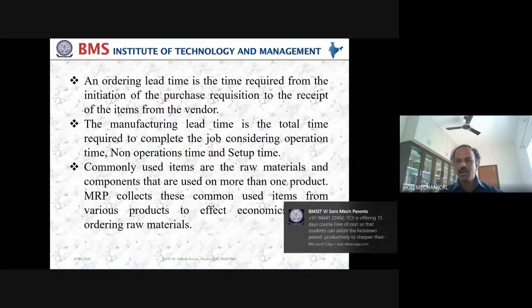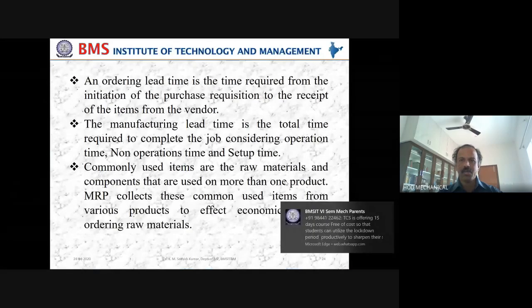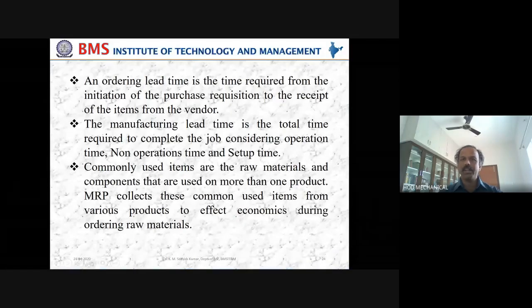Now, as these types of products are present, what you will do is collect these commonly used items from the various products. Let's assume for product A, 10 items are required. Product B also requires those 10 items, and product C also requires those 10 items.